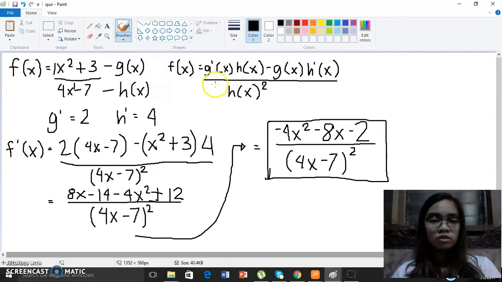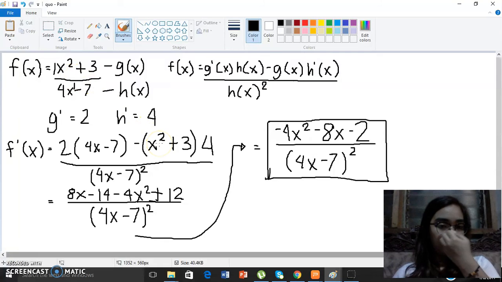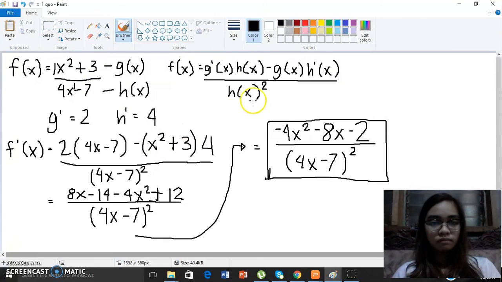We'll just substitute the value of g prime, which is 2, times h of x, which is 4x minus 7, minus g of x, which is x squared plus 3, times the h prime, which is 4, over h of x squared, which is 4x minus 7 squared.